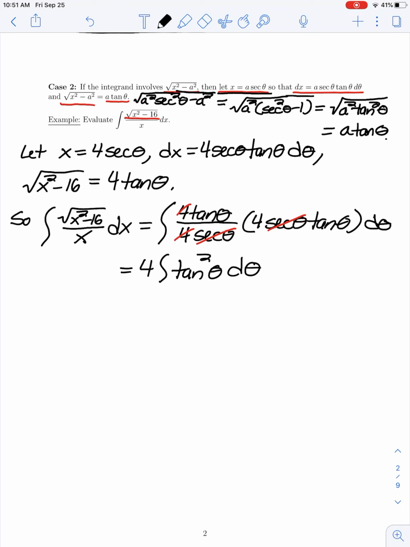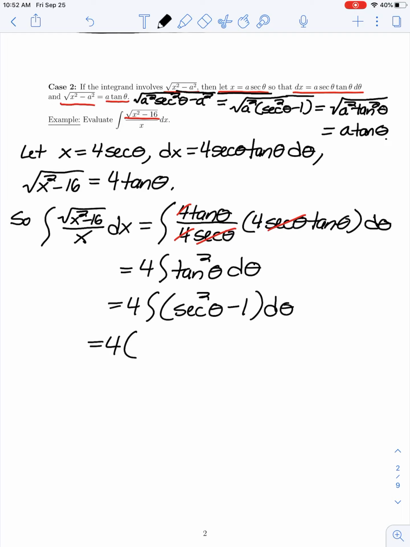So thinking back to our method for trig integrals, to evaluate a trig integral involving an even power of tangent, we could make use of the trig identity that tangent squared theta is equal to secant squared theta minus 1. And we know how to find the antiderivative of these functions.